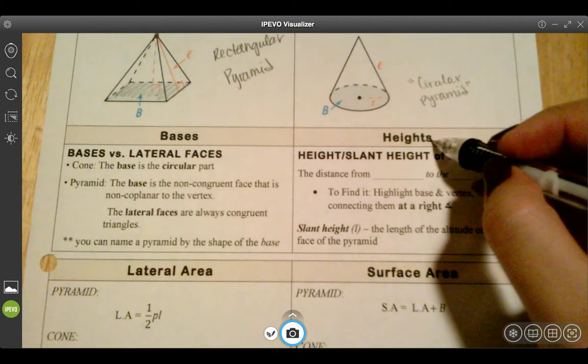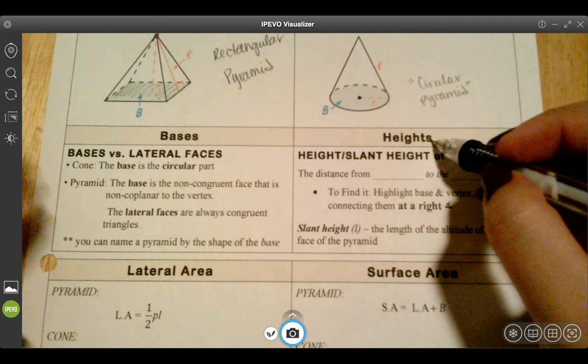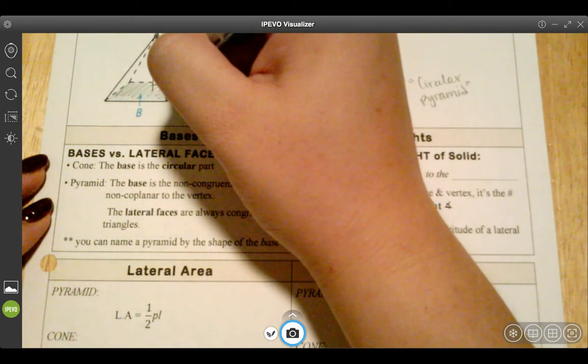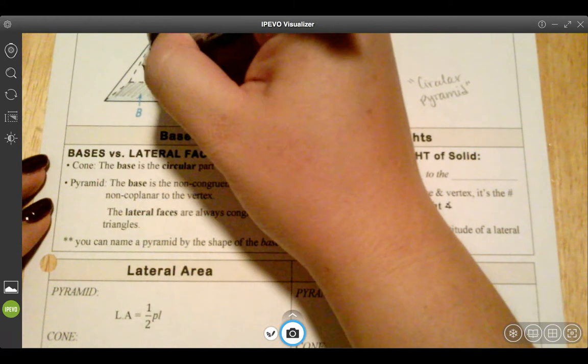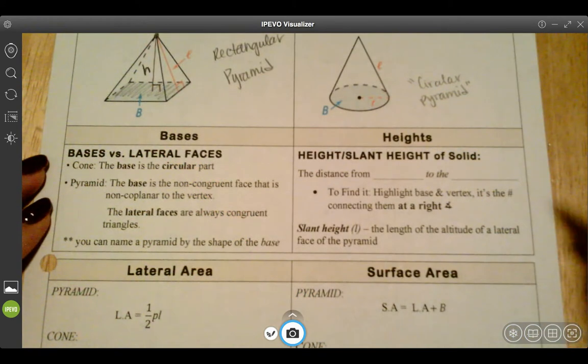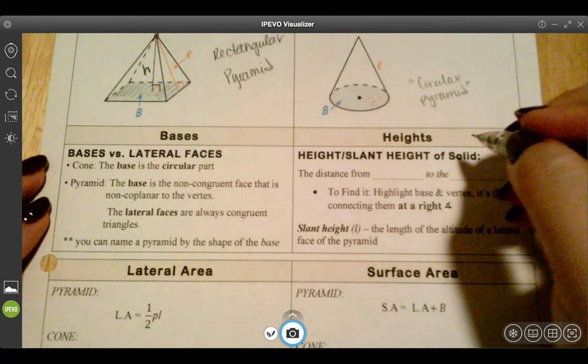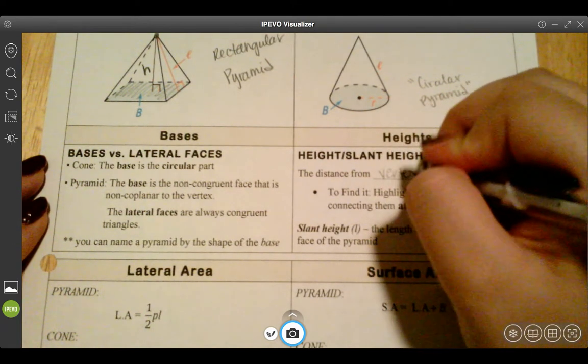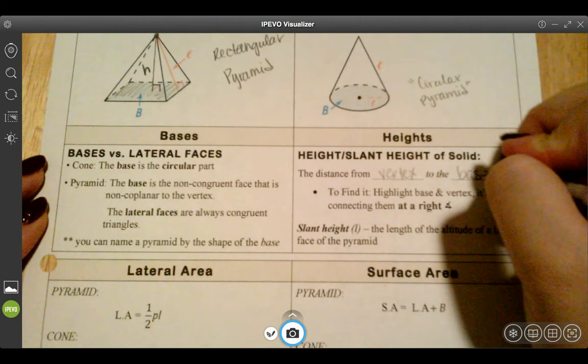For heights, we have two different types of heights for these. So we have the height that goes straight down from the vertex to the base. That's our normal type of height. It's a perpendicular height. So the distance from the vertex to the base is the height.